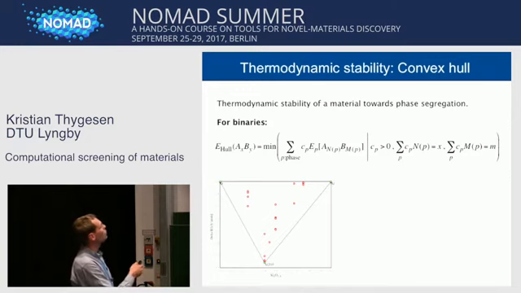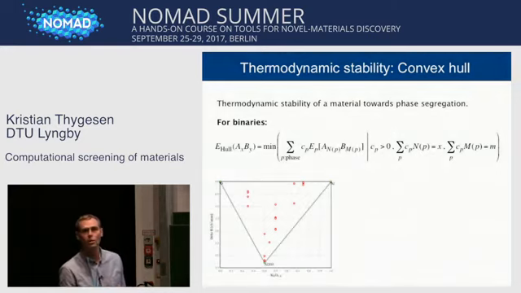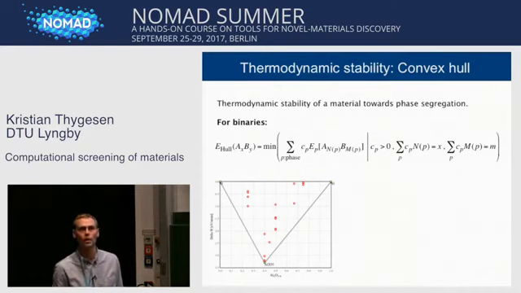For a given stoichiometry A_x B_y, to take a binary example, you look at all the possible phases which contain A and B atoms in some stoichiometry. Then you form linear combinations of these phases with expansion coefficients that have to be positive and obey the conditions here, so that in total they have the same stoichiometry that you're interested in.